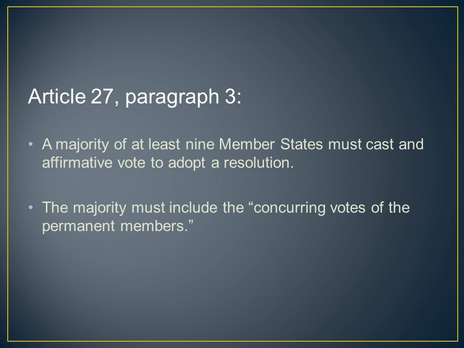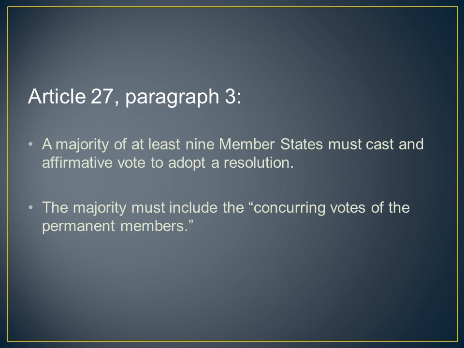That means that at least a majority of 9 member states of the Security Council must cast an affirmative vote to adopt the resolution. In each of these cases, at least 9 members did cast an affirmative vote.